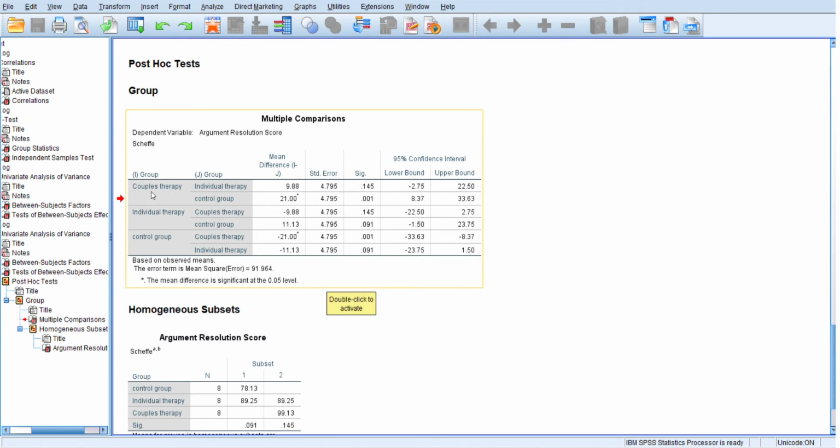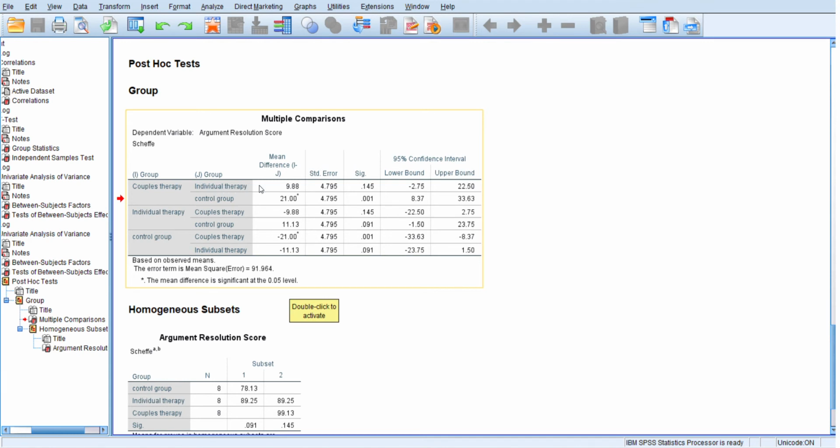Let's think of these as numbers, and we'll use simple ones to help us conceptualize this. Pretend that couples therapy is the number 100. Pretend that the individual therapy represents the number 50. This is subtracted from this. So whatever's on the left, pretend that this actually represents 100 minus 50, and that will equal 50, which is a positive number.